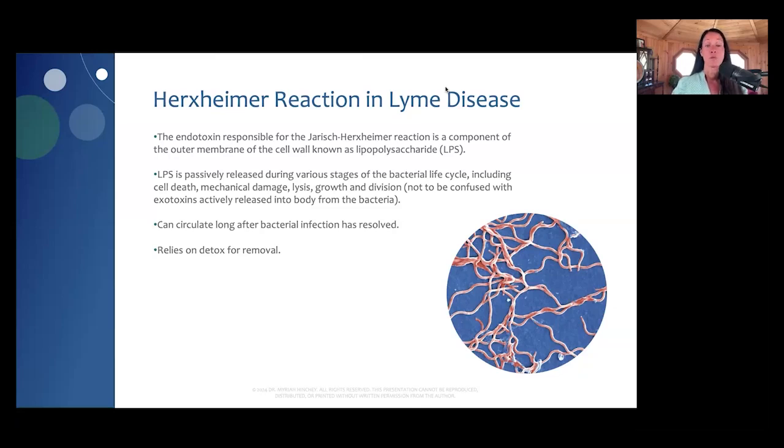Obviously, this is going to rely on our body's detoxification systems for removal. And remember, whenever we talk about detoxification, it always goes back to gut health. If our guts are functioning properly, our intestines are actually removing waste and not allowing it to recirculate and be translocated back into the body, into systemic circulation. More on that in a moment.